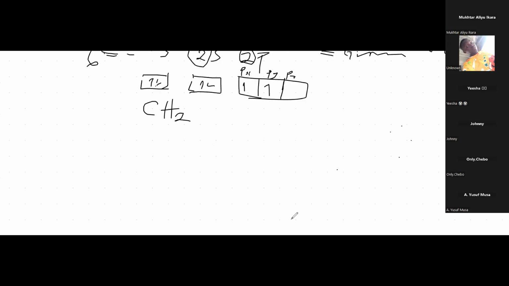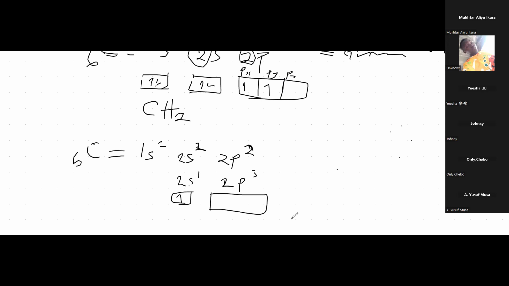So it's the same carbon with atomic number 6, but at the end we'll have something like 1s2, 2s1, 2p3. One electron from the 2s is transferred to the 2p. So in this case we have only 1 electron in the 2s, and 1 electron in each of the 2p boxes.